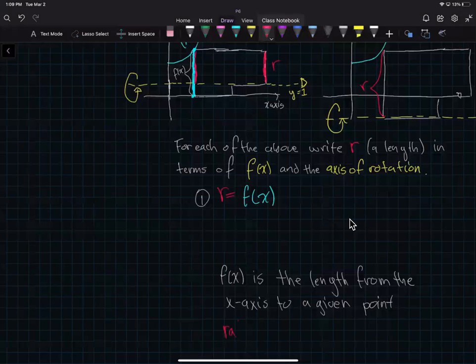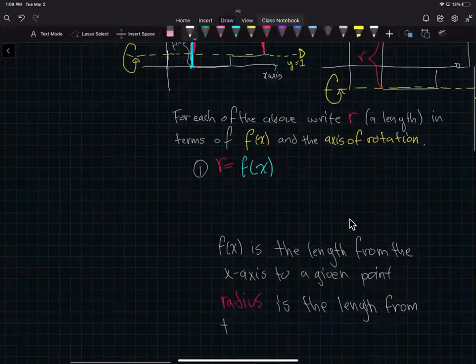radius. So radius, or r, is the length from the axis of rotation to a given point.